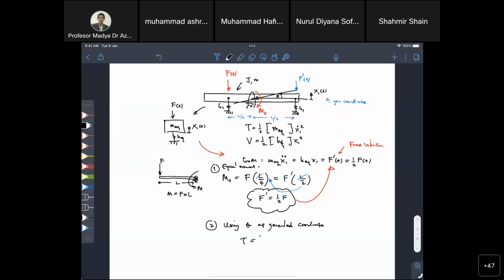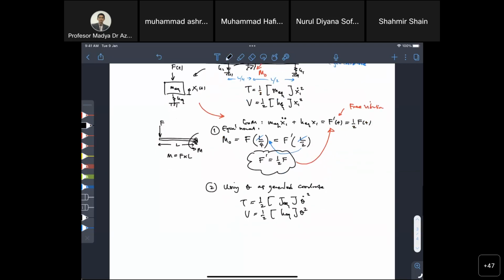From the kinetic energy, you can find J equivalent, and you can find the torsional K equivalent. From here you can find the equation of motion.